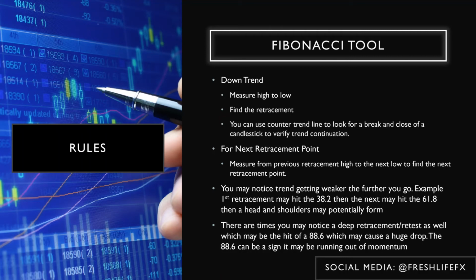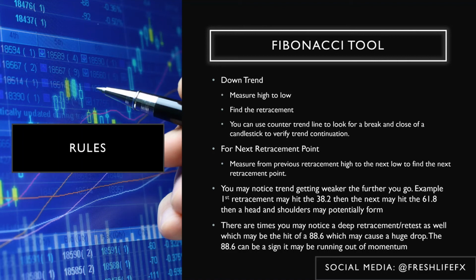You want to look at how it reacts to these points. Is it going to wick it? Is a pattern going to form? Is a candlestick going to form, like a reversal candlestick, and so on? You want to look for these signs for a reversal. You want to confirm that it's actually going to flip.